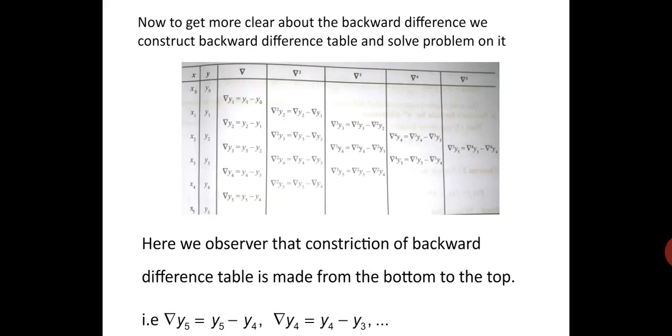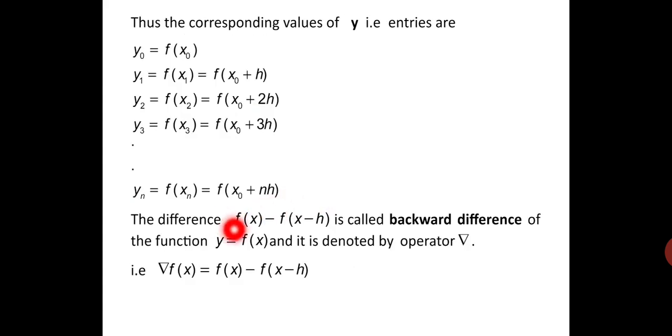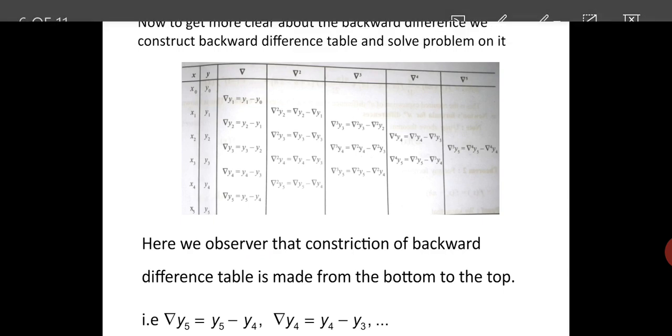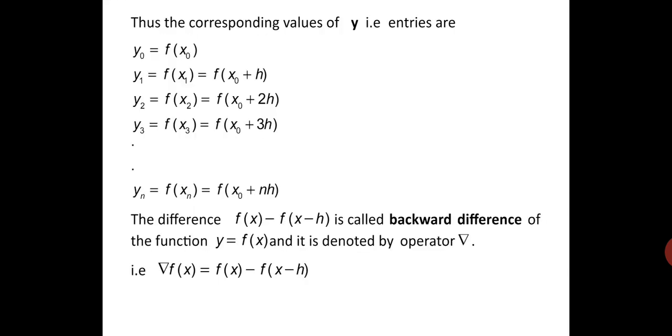Now the difference f of x minus f of x minus h is called the backward difference of the function y equals f of x, and it is denoted by the backward difference operator delta. That is, the backward difference of f of x, delta of f of x, is equal to f of x minus f of x minus h.